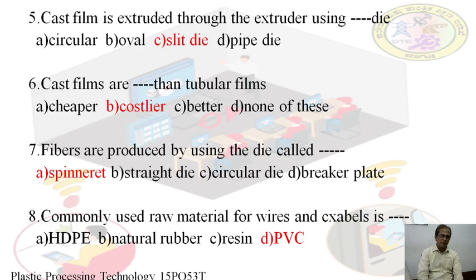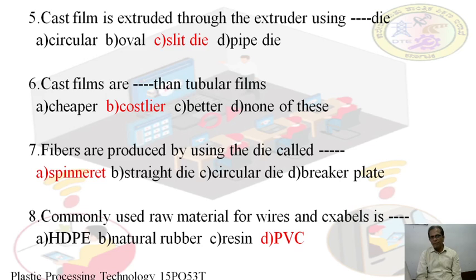Question number 7. Fibers are produced by using the die called dash. A. Spinneret, B. Straight die, C. Circular die, D. Breaker plate. The correct answer is spinneret. Fibers are produced using the die called spinneret. Question number 8.